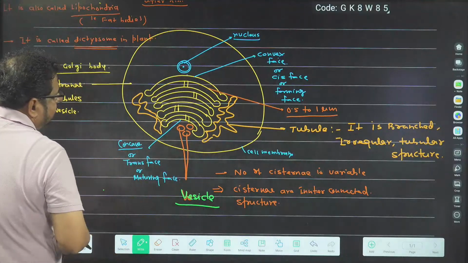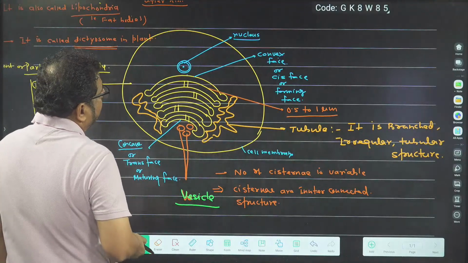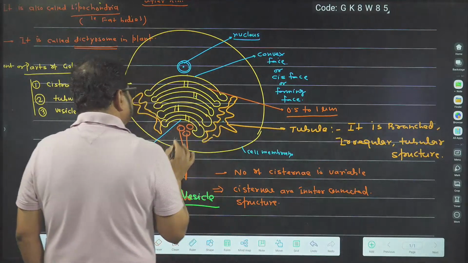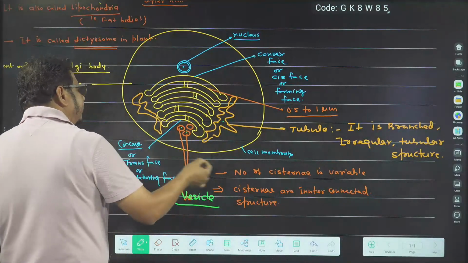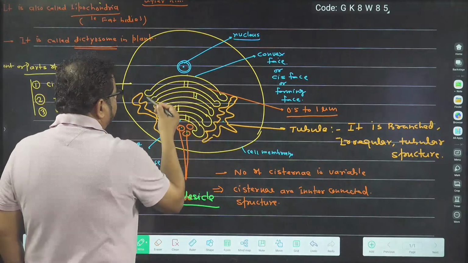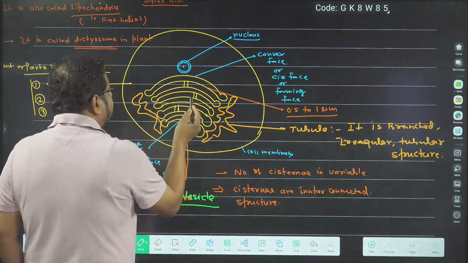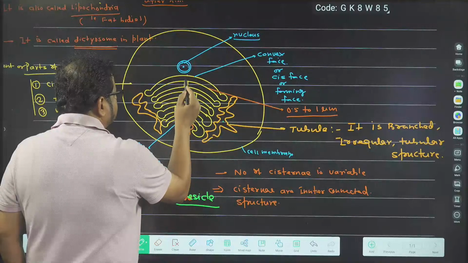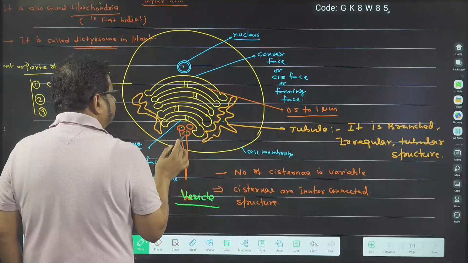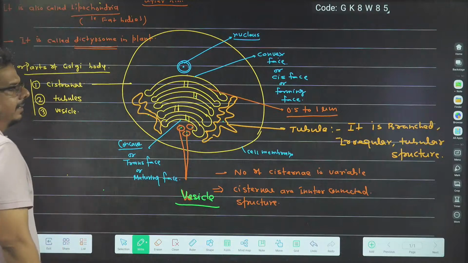Golgi complex. Got the idea? All the structures, cisternae, tubule, vesicle, are arranged together and basically called Golgi complex. These are the three components of the Golgi complex. This yellow color here is cisternae, this one is tubule, this one is vesicles.